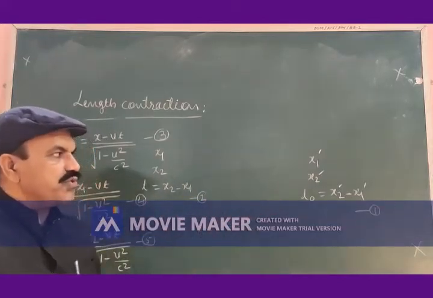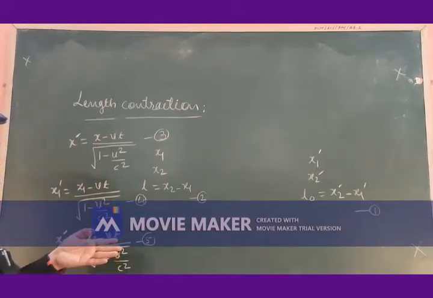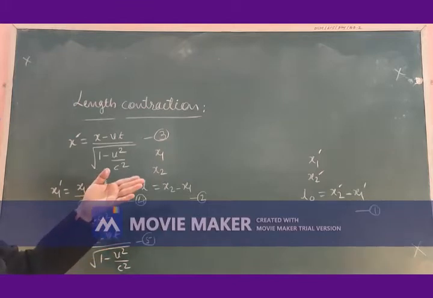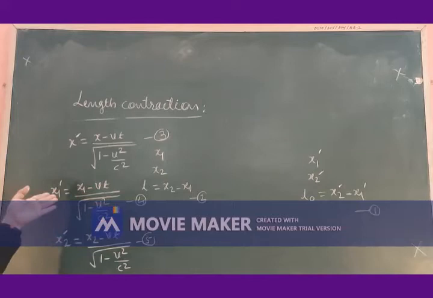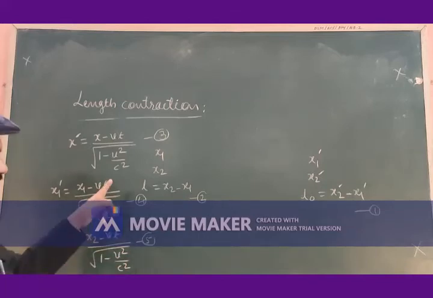L0 is x2 prime minus x1 prime. So let us get x2 prime minus x1 prime using equations 4 and 5. Subtract equation 4 from equation 5.